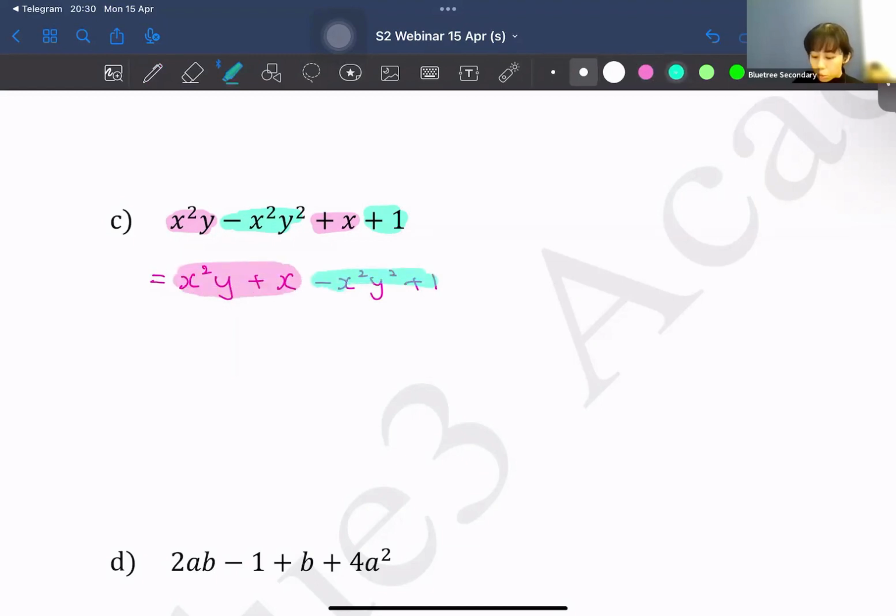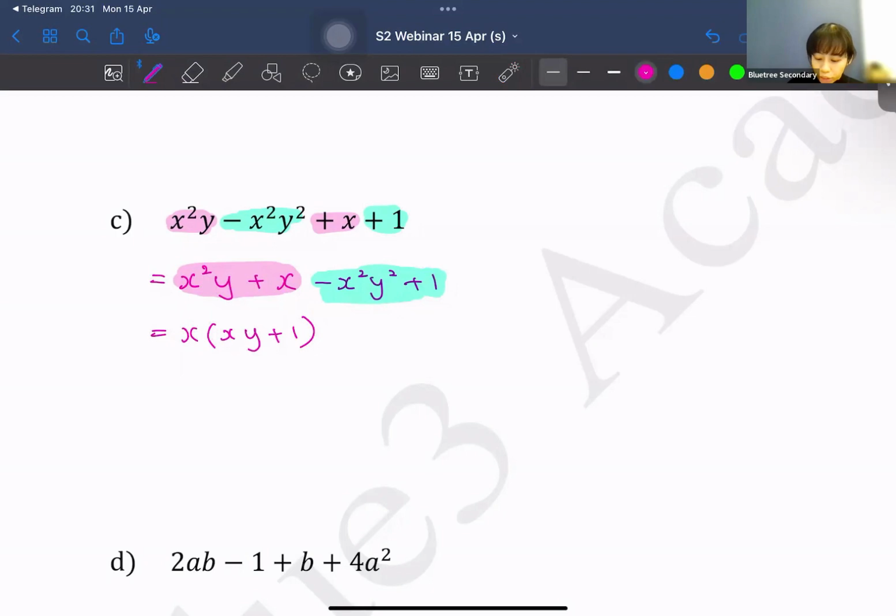This is my second group in blue. So first group, probably most students be like, no problem, can factorize out. I just take out an x. I'll be left with xy plus 1. Then my second group is like, sure, how to factorize? So if you cannot see, that means to say you need to go and practice your identities. This is actually your a squared minus b squared.